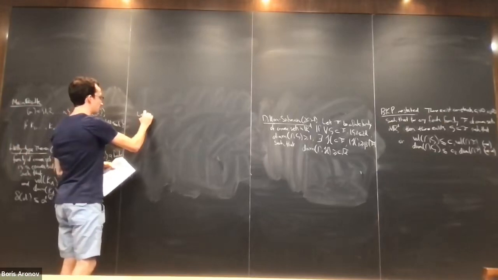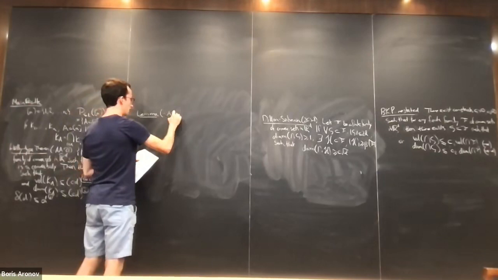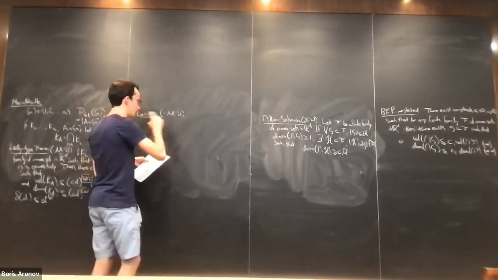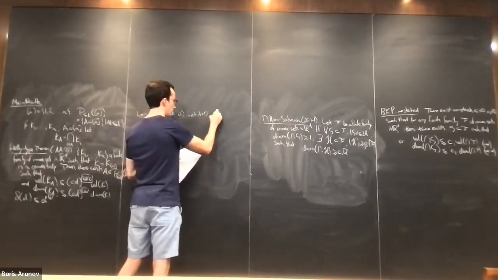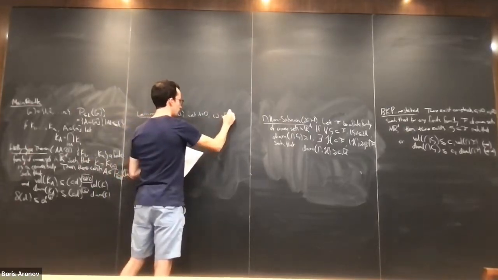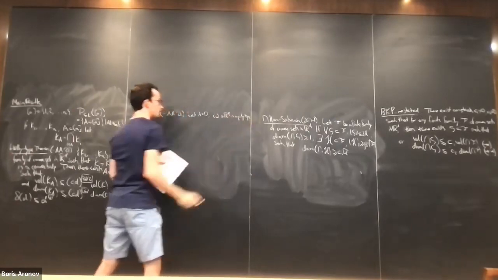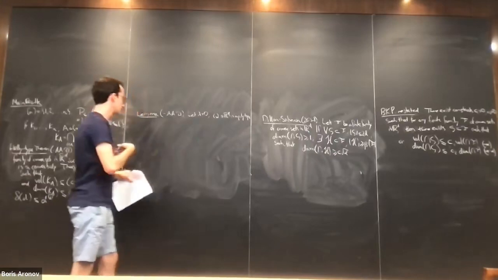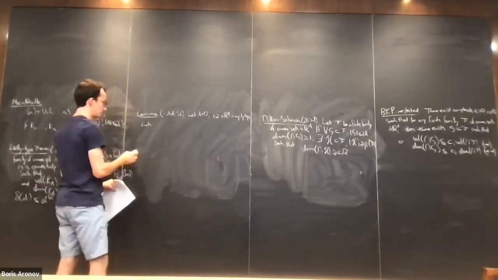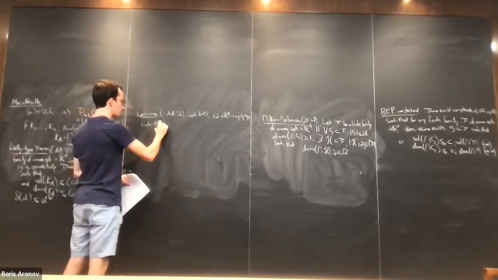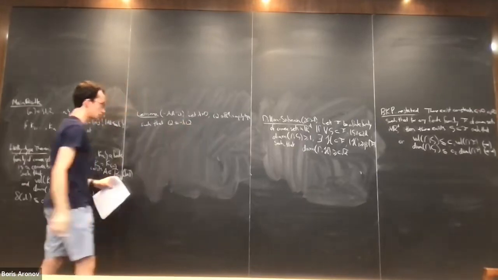So the lemma is the following. We let lambda be greater than 0, and Q in R^d is a polytope, so it's a convex hull of a finite number of points, or intersection of a finite number of half spaces, such that Q sits inside minus lambda Q. This is scaling through the origin.